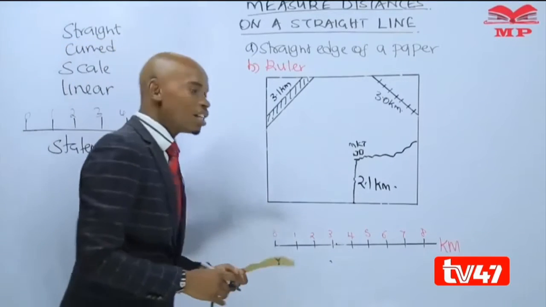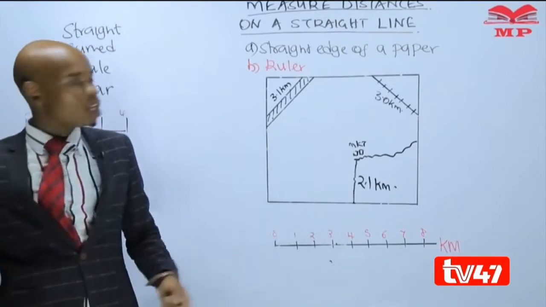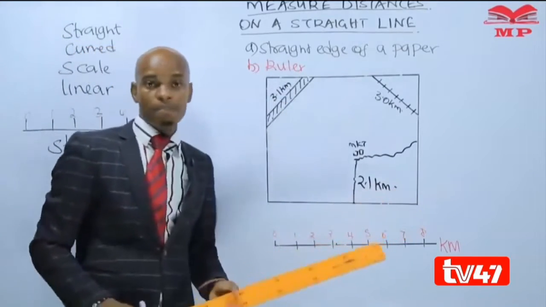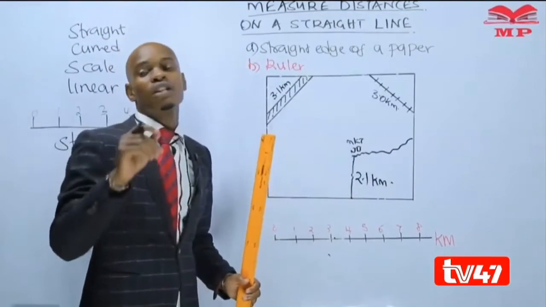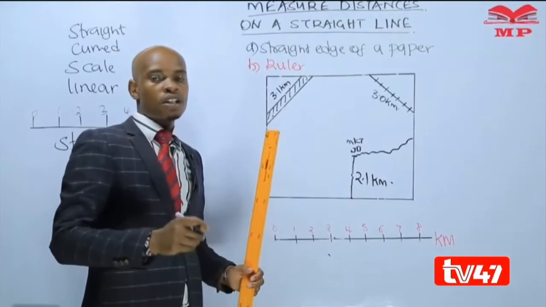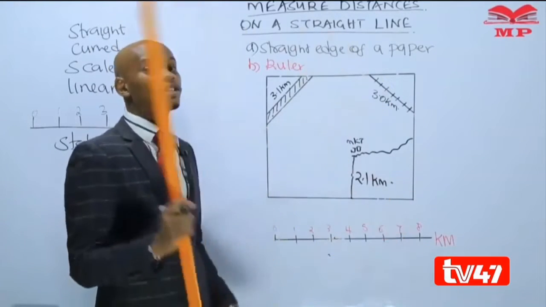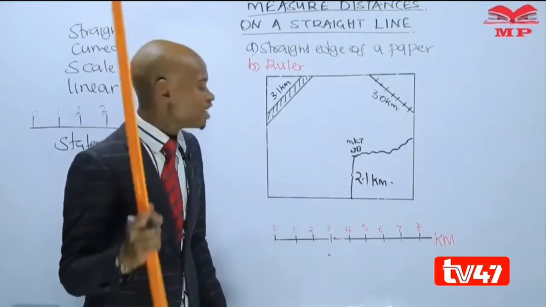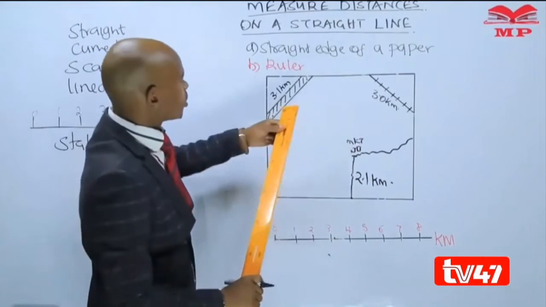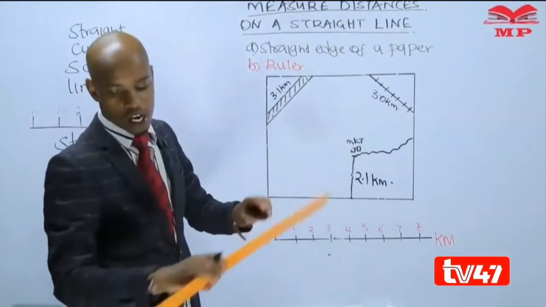Using a ruler is very, very simple, but there is a caution when you're using a ruler. Most learners forget the scale because they are using a ruler, and that is the trick. For instance, you have a ruler, well and good.